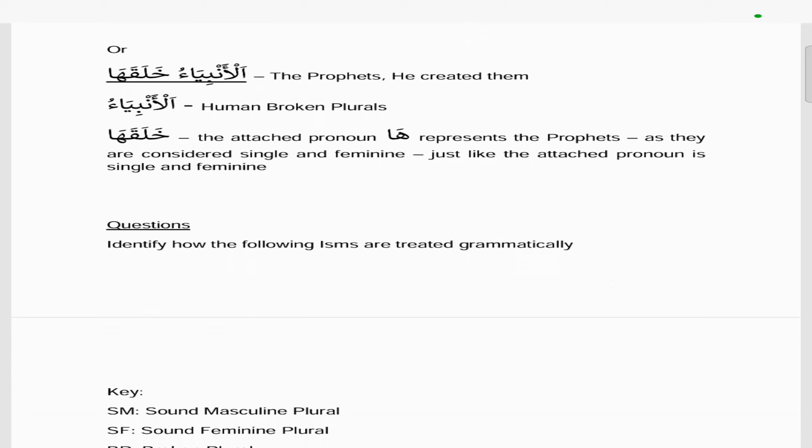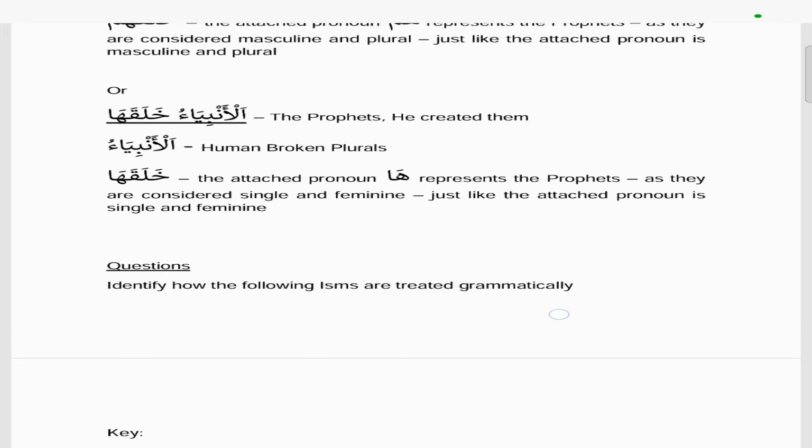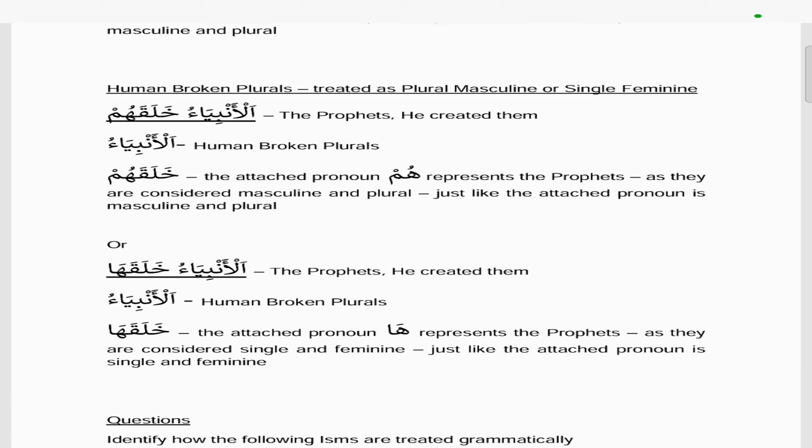And khalaqaha, so the attached pronoun ha represents al-anbiya'u, as they in this case are considered single and feminine, just like the attached pronoun ha is single and feminine, and the original independent pronoun is hiya, and the attached version is ha. So the human broken plural can be treated as a plural masculine or a single feminine.